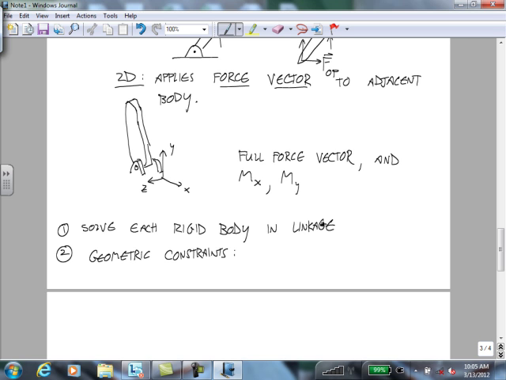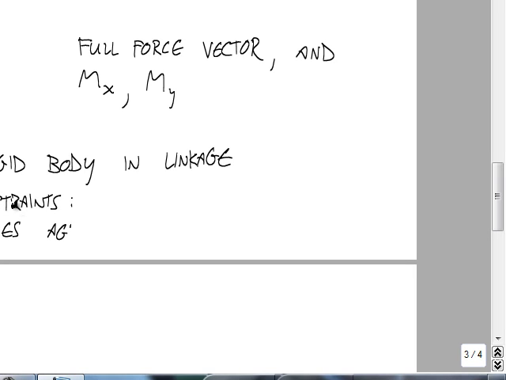And that says that adjacent bodies agree about the acceleration vector at the joint that they share.